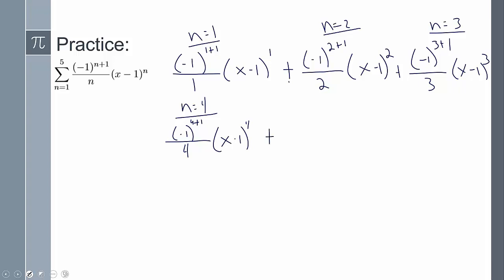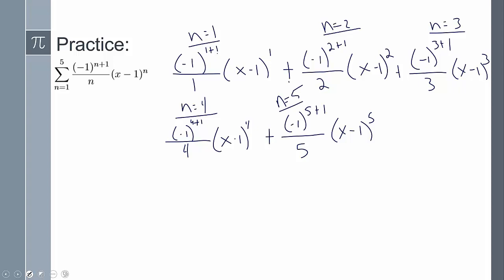And then plus -1 to the 5 plus 1 over 5 times x minus 1 to the fifth. Phew, that was a lot. So now we just got to simplify each one, and we can leave it at that.